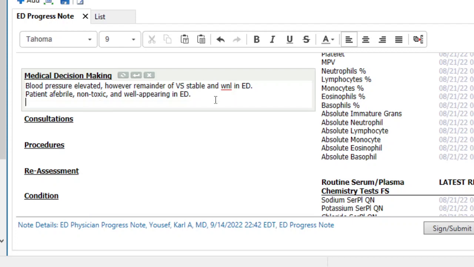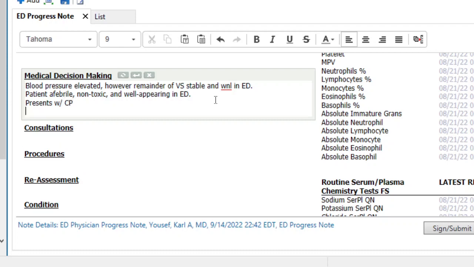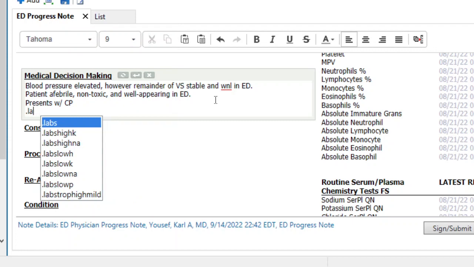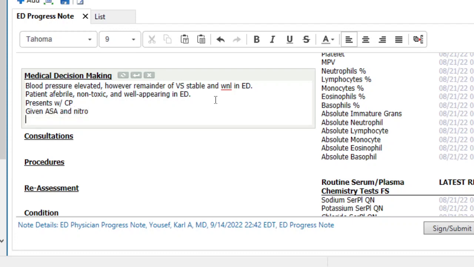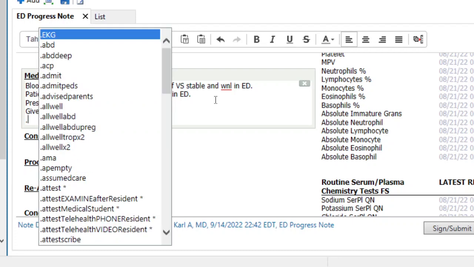The next one is, I might just say, presents with chest pain. Following that, I might say he was given aspirin. So given aspirin and nitro. The next thing is I might say the EKG looked okay.